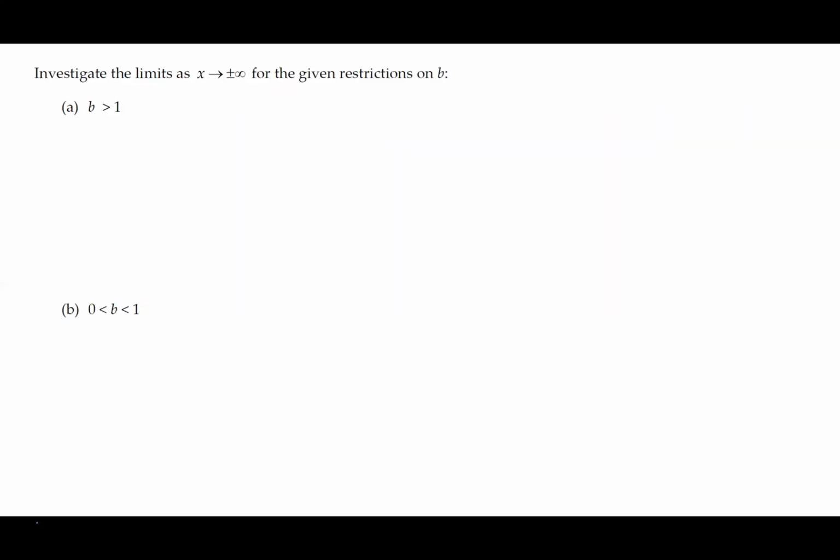So let's think about the limits here as x approaches positive and negative infinity for the given restrictions on b. So for a, b is going to be something greater than 1. Well, when b is greater than 1, say 2 or 3, we have this.